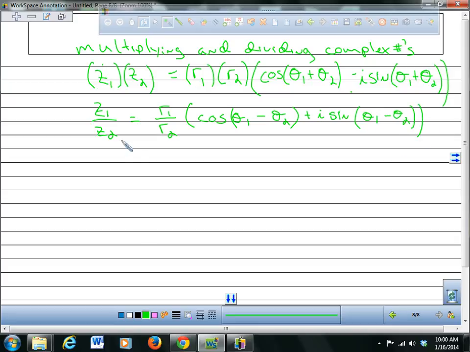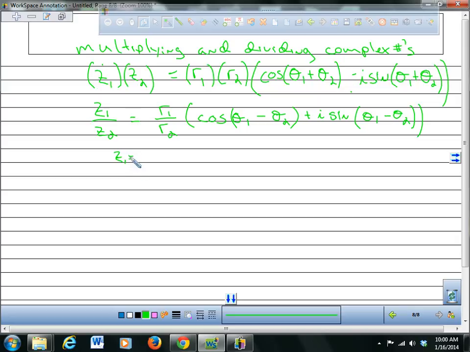In other words, take the two vectors, multiply their moduli, ooh, that's a good word, moduli, and then add together their angles, okay?